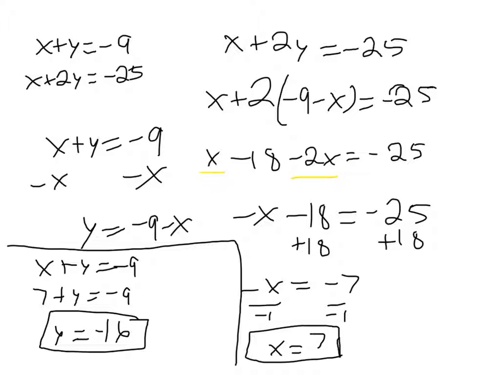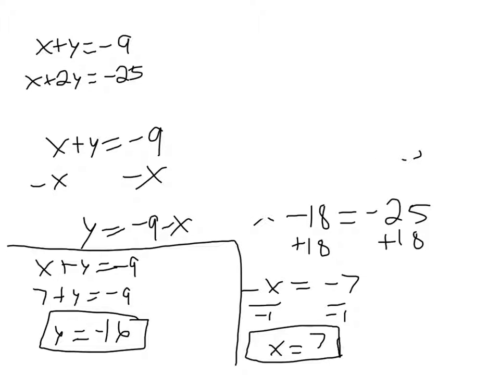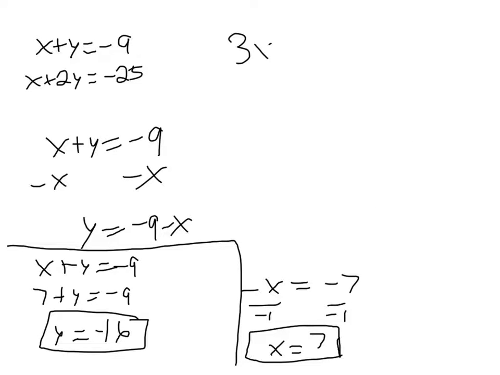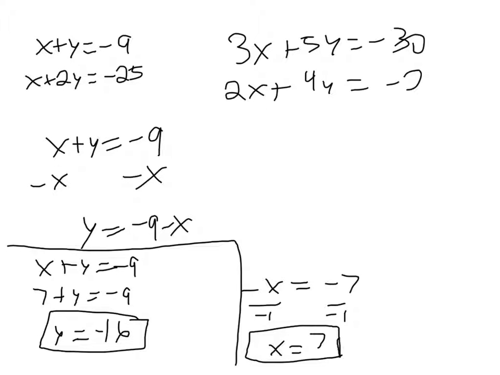For example, if this was, I'm just doing this off the top of my head here, I won't fully do this question out. But if I was to have 3x plus 5y equals negative 30, and 2x plus 4y equals negative 25, and I want to solve for x using substitution, yikes.